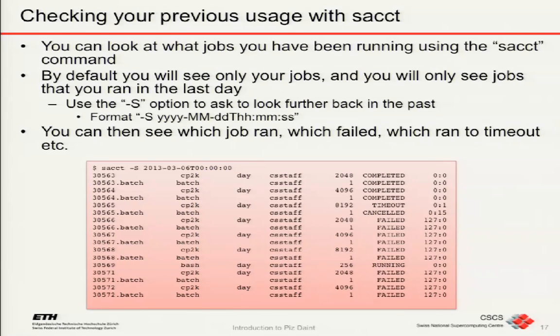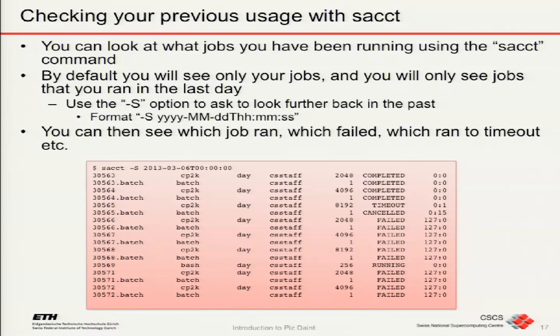And the final thing is something that we're using a lot at the moment to trace where we've got issues on the system, and that is the sacct command, the Slurm accounting command. This will tell you what jobs you've run recently. You can look a few days back, and you can see which ones completed, failed, were cancelled, and so on.